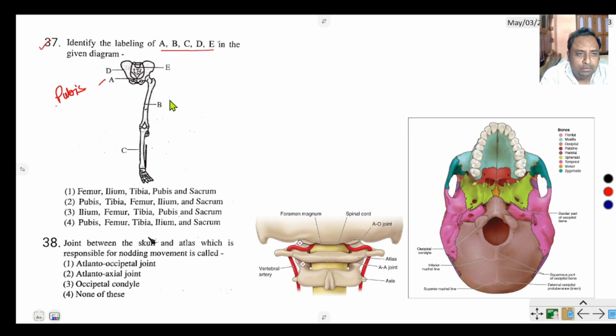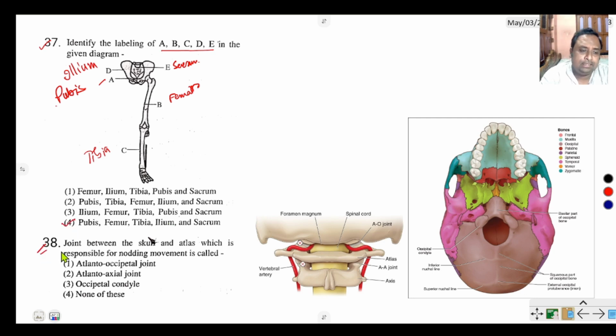B is the femur. C for tibia. D for ilium. E for sacrum. So the correct option is pubis, femur, tibia, ilium and sacrum. That is 4, the correct option.